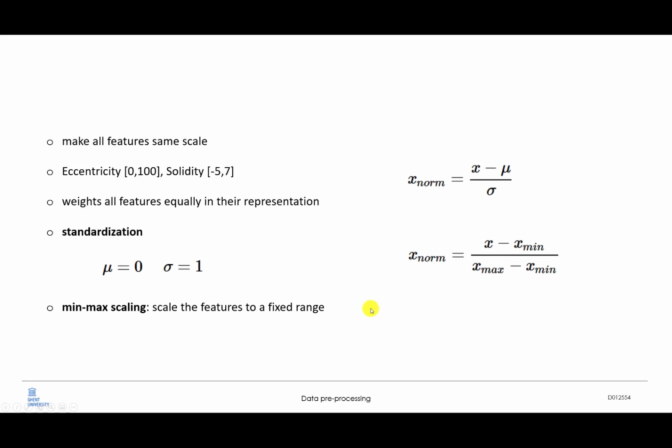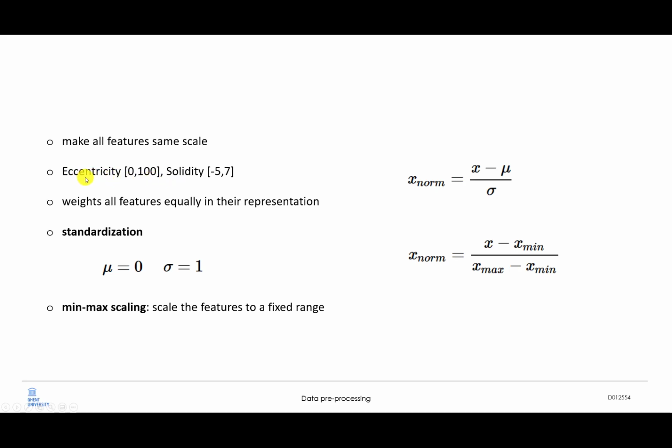So one final important aspect in machine learning is the pre-processing of the data. So to prepare your data for fitting with machine learning algorithms. So one important aspect here is the scale of the features, right? And so the eccentricity and solidity values that we used in this lecture have been scaled before, but let's say that they were not.